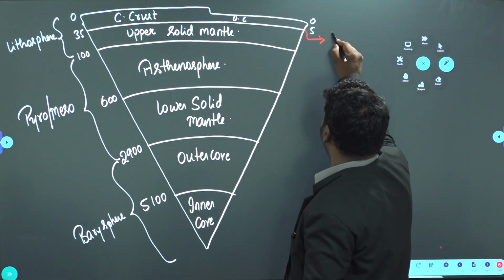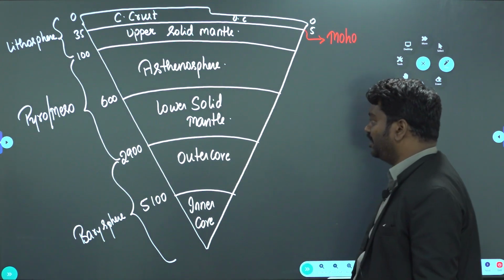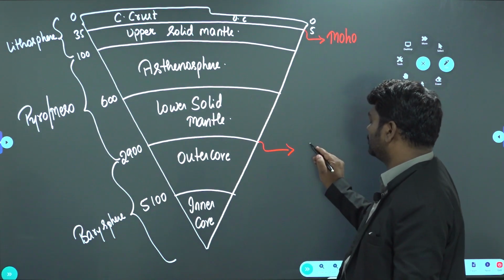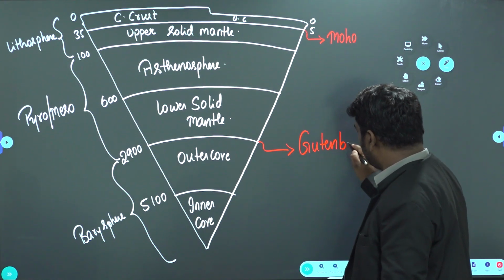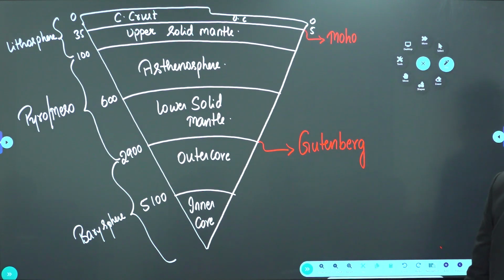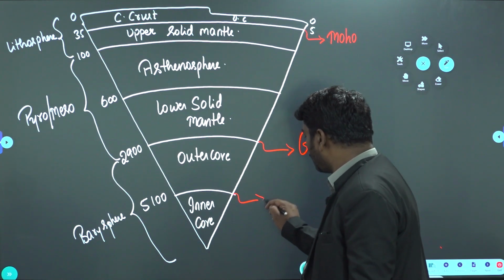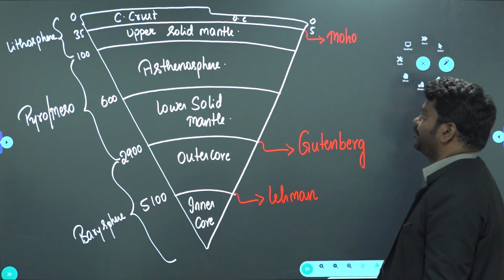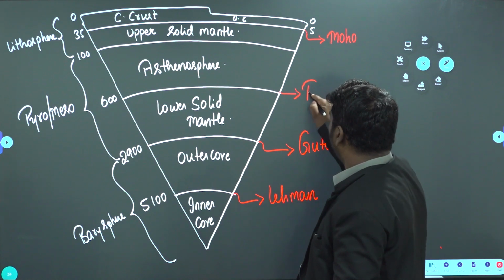Crust and mantle is moho discontinuity. Mantle and core is, try. Gutenberg discontinuity. What is the discontinuity between outer core and inner core? Between upper mantle and lower mantle?